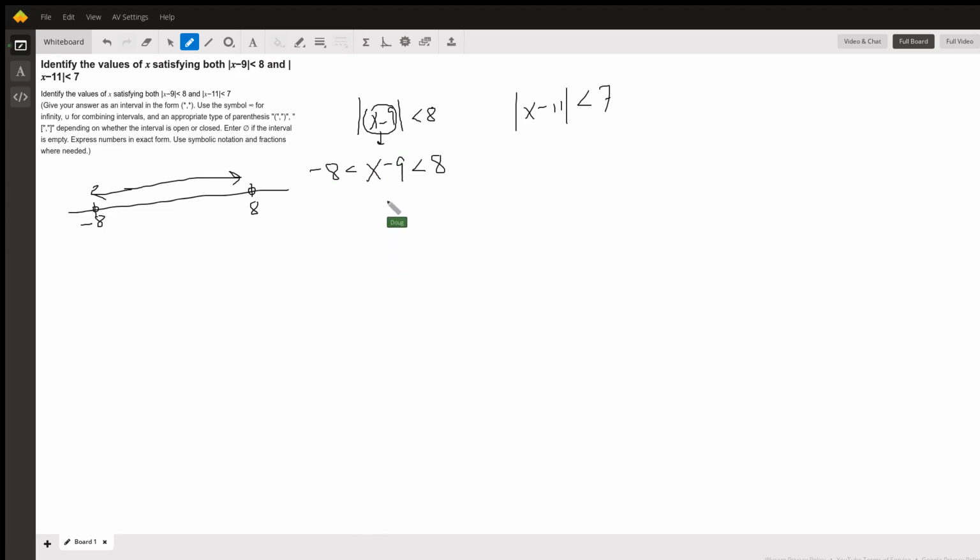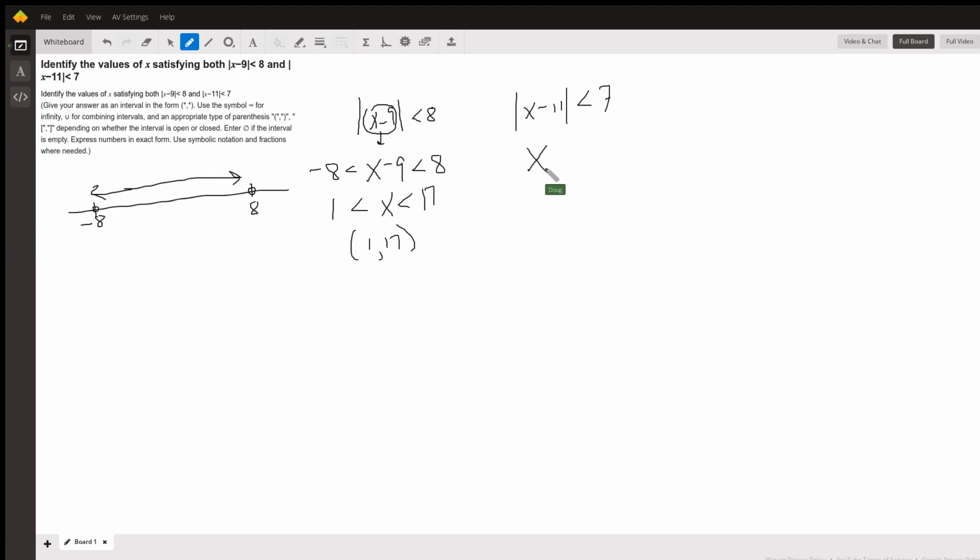And now, to solve this composite inequality, we can add 9 to all three parts. So this will be 1 is less than x is less than 17. Okay, in interval notation, that would be from 1 to 17 with parentheses instead of brackets because the 1 and 17 aren't included.